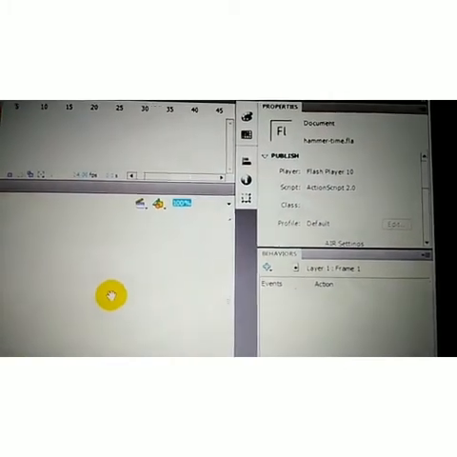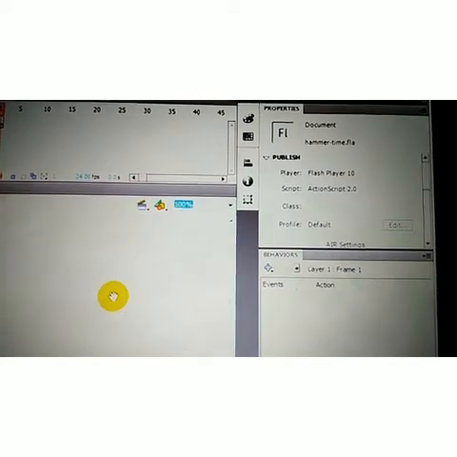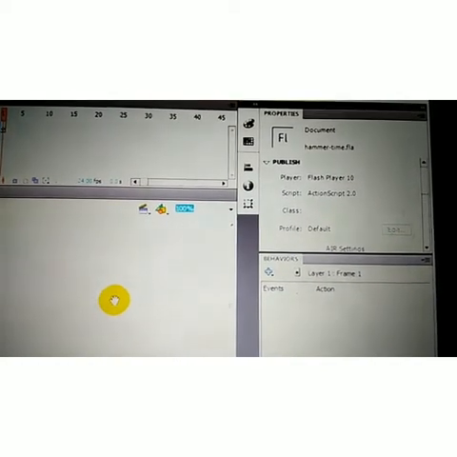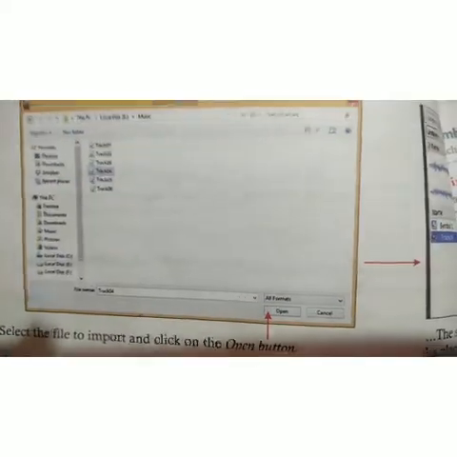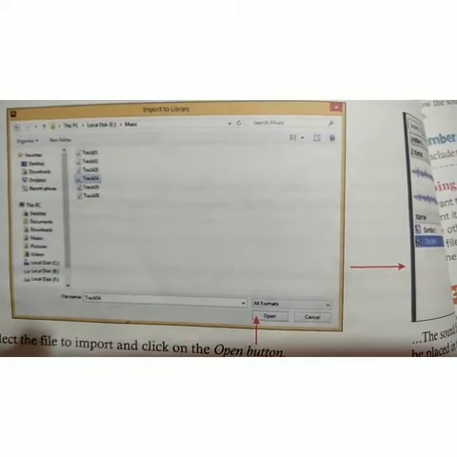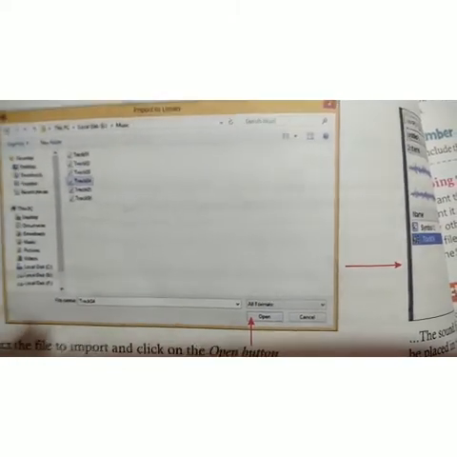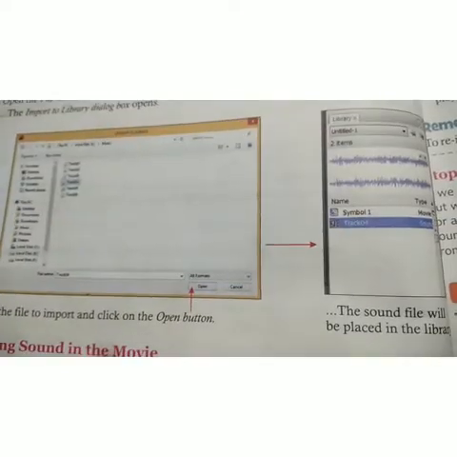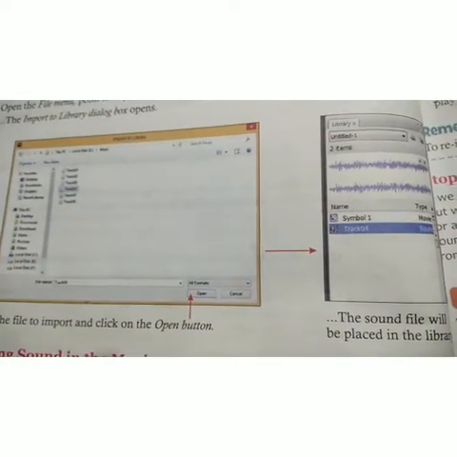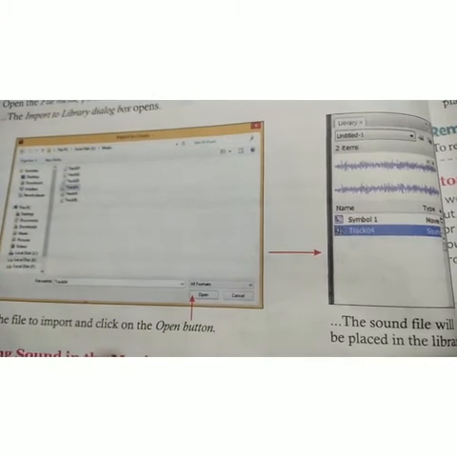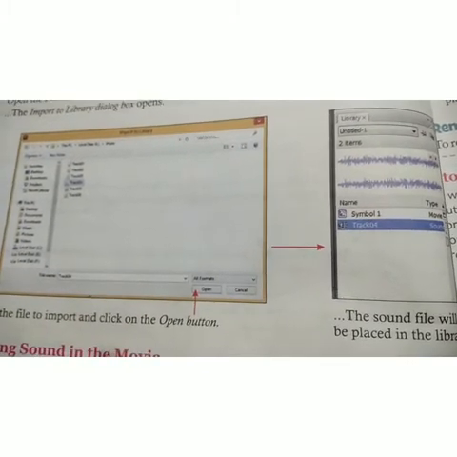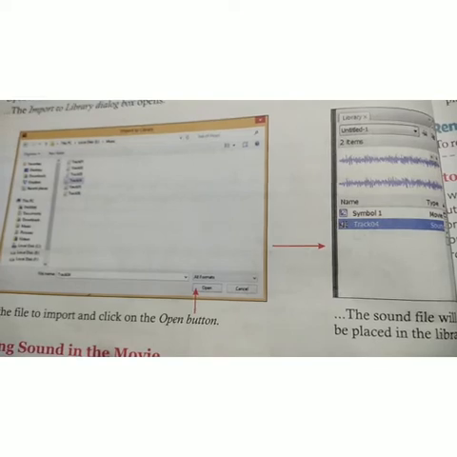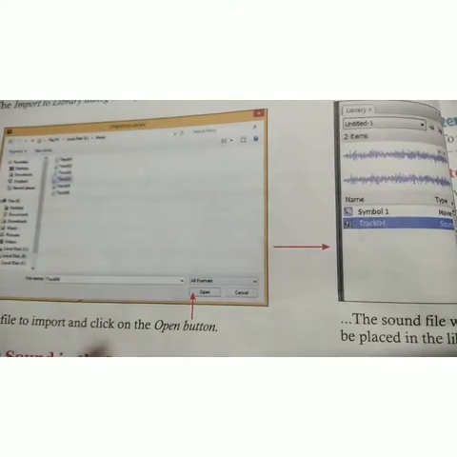We can select a sound properly in this Flash CS3. Now this is Import to Library, Track 1, and so on. The sound effect dialog box for adding a sound. Then lastly, the sound file will be placed in the library. So it's a library of sound effects. We can add a sound and import a sound file.